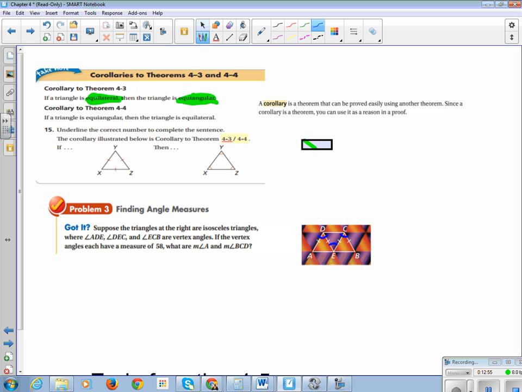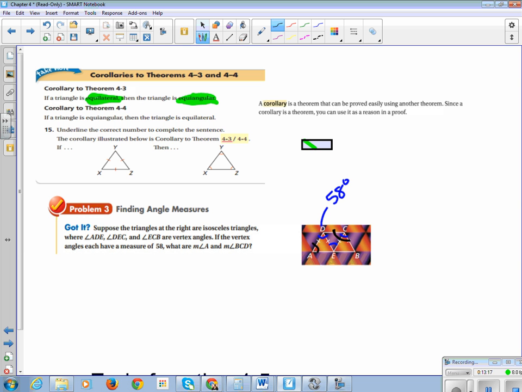If the vertex angles have measure 58, what are angle A and angle BCD? Which is this big one here.